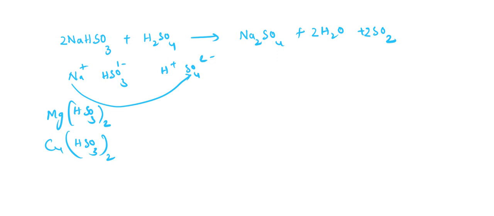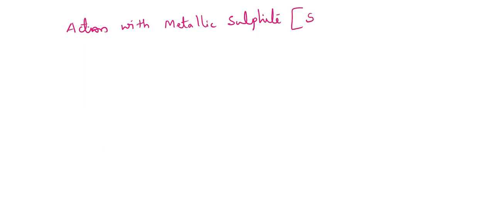Next, action with metallic sulfide. Symbol of sulfide is S2 minus. Take one metal, sodium sulfide, formula is Na2S.